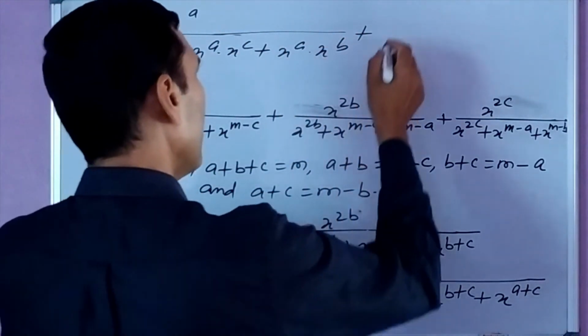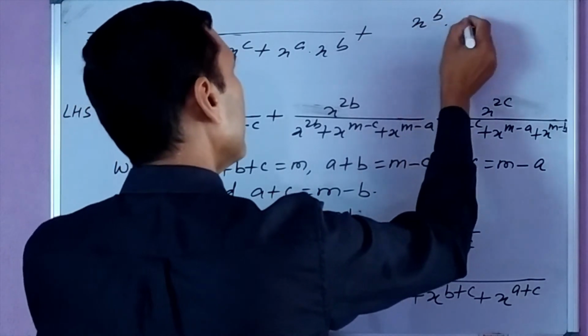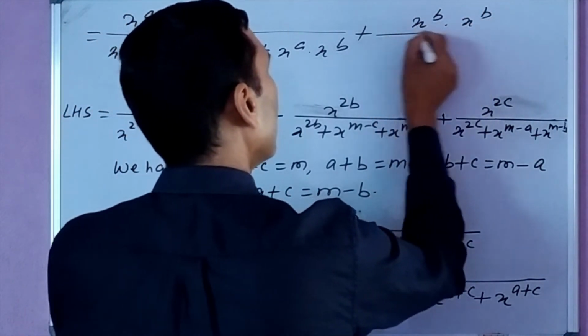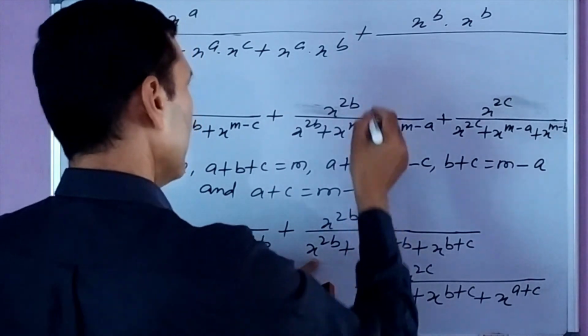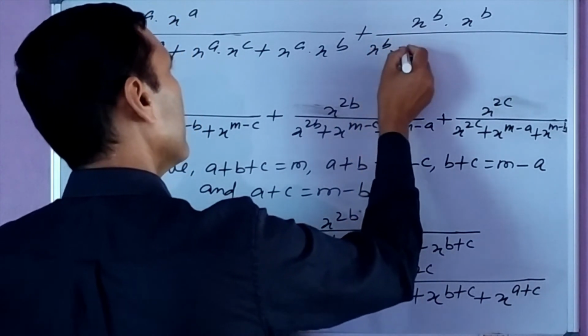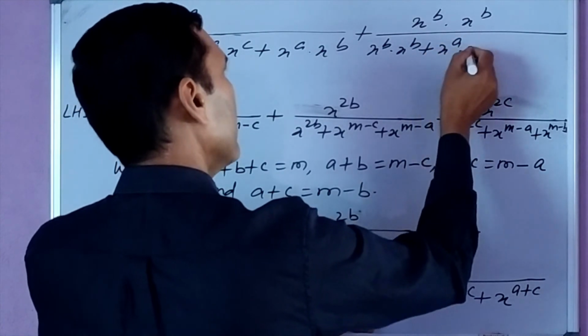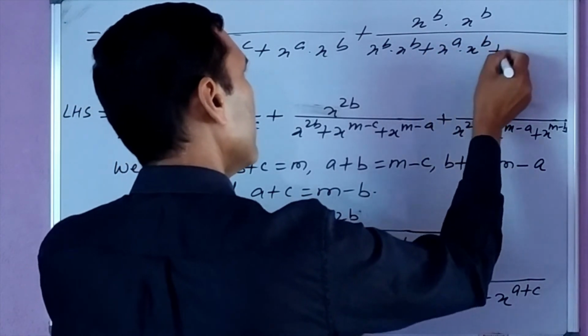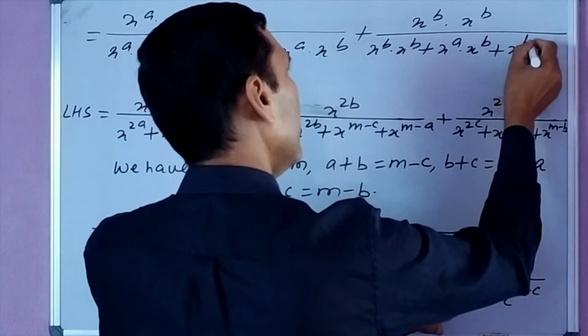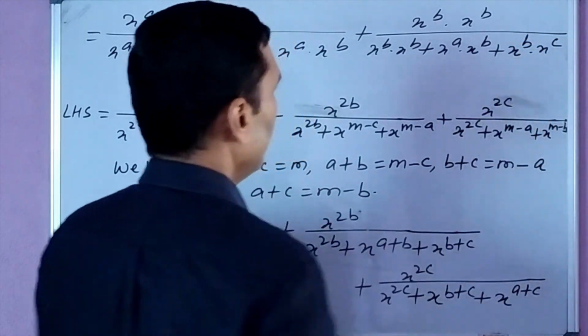Similarly, second term: x to the power b into x to the power b, upon x to the power b into x to the power b, plus x to the power a into x to the power b, plus x to the power b into x to the power c.